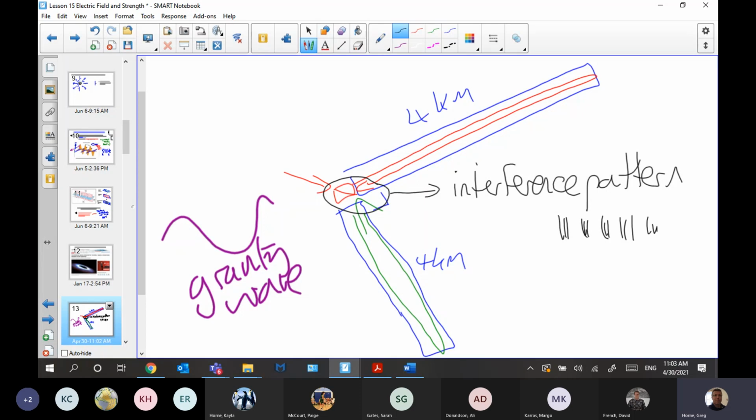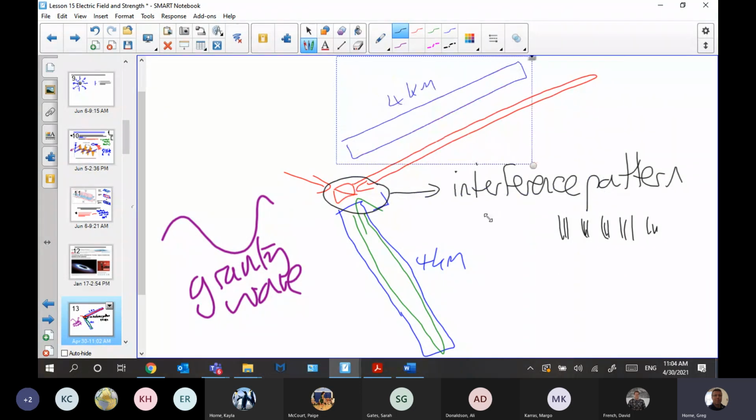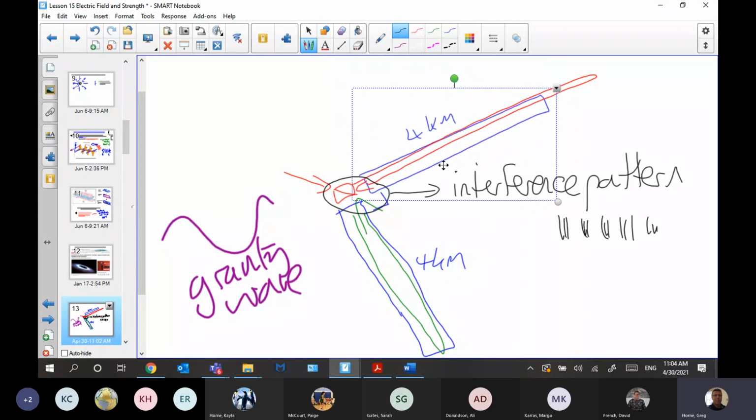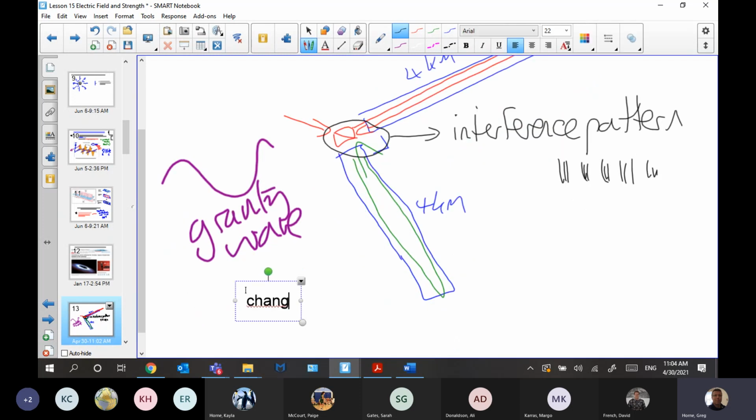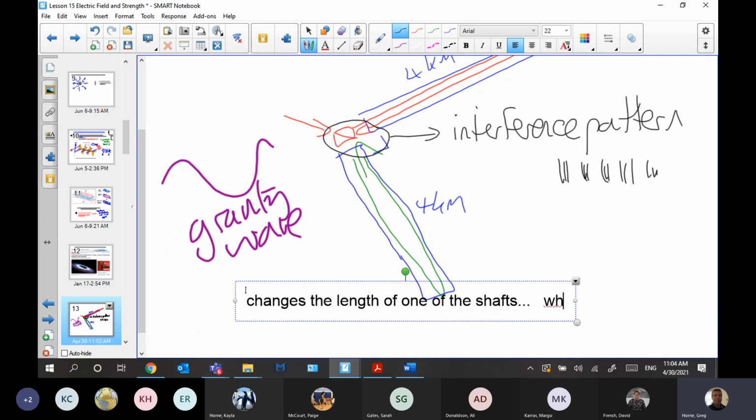What happens when a gravity wave comes along is the gravity wave actually shrinks and changes the space dimensions. So when the gravity wave comes along, I guess I'm going to shrink it that way. It would change the length of that shaft a little bit. And what that does is the gravity wave changes the length of one of the shafts, which changes the interference pattern.